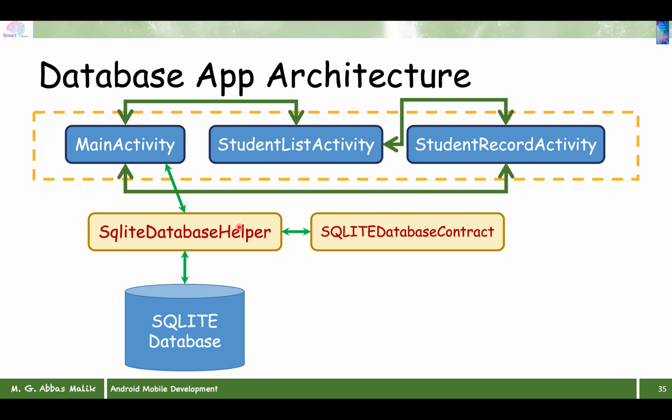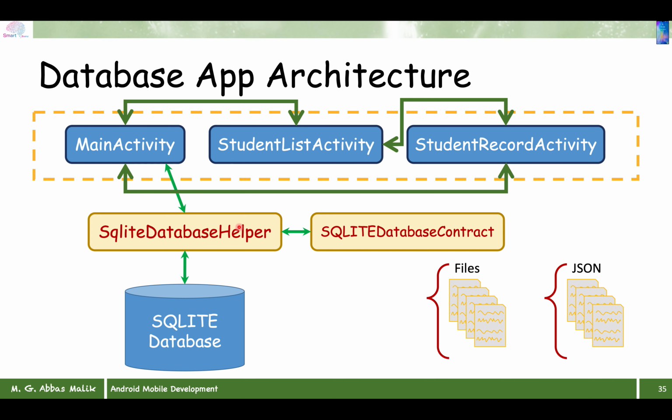But what if we have something like JSON files, or some other cloud database? Then we need to have the same kind of classes, one for the cloud database, one for handling the files, one for handling the JSON, and then we need to put all the objects inside the main activity.